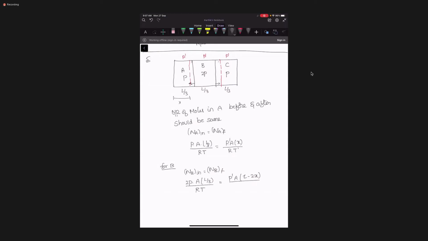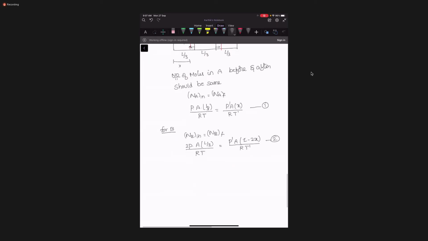It's an adiabatic process, so temperature also will be the same, right? Yes, sir. It's a non-conducting adiabatic container. Clear? So let this be equation 1. Let this be equation 2. You need X, right?